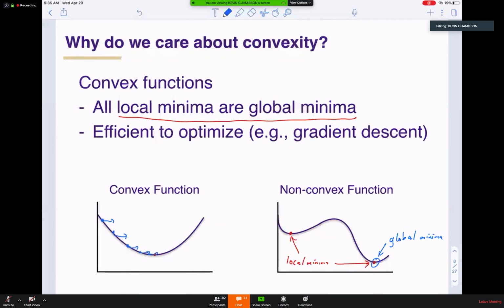And if the function is convex, every local minimum is a global minimum. You can stop searching. That is not true here, where if I roll the ball downhill, depending on where you started, you might hit a local minimum or a global minimum. And so this is why we like convex functions.